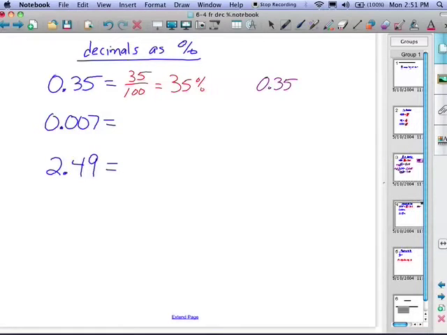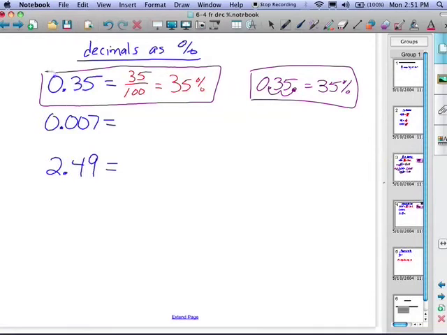Now we're going to take that decimal point and move it 2 spaces to the right to turn it into a percent. So we have 0.35, 35 hundredths, and 35%. Both methods work. Like I said earlier, you're probably going to have to show all 3 forms on your homework tonight, but recognize that you can make a shortcut. And we'll actually use the shortcut for the next 2 examples.